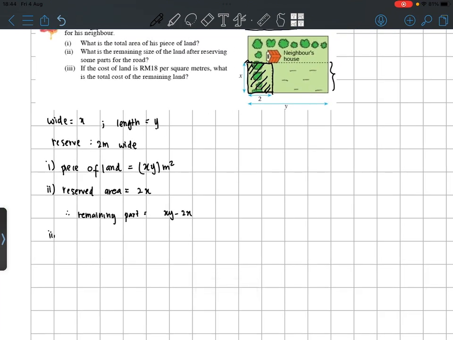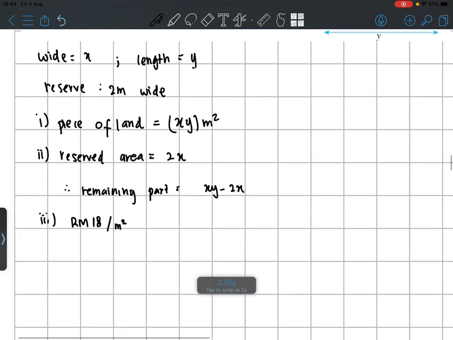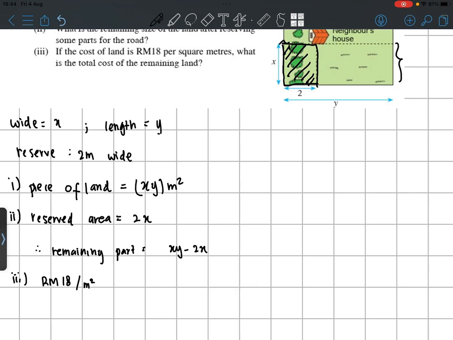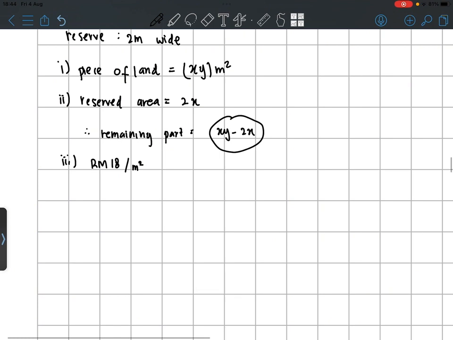Okay, question 3: if the cost of land is 18 ringgit per square meter, what is the total cost of the remaining land? So the remaining land is this area.